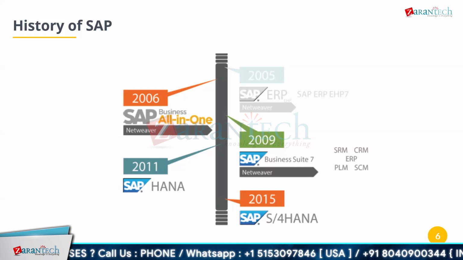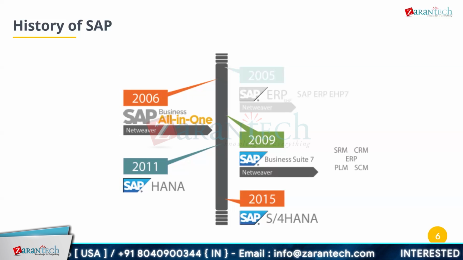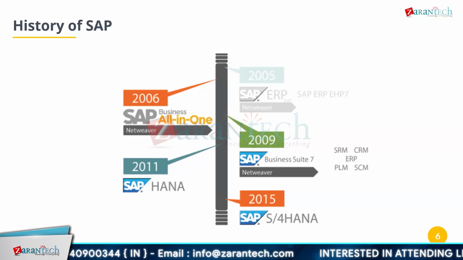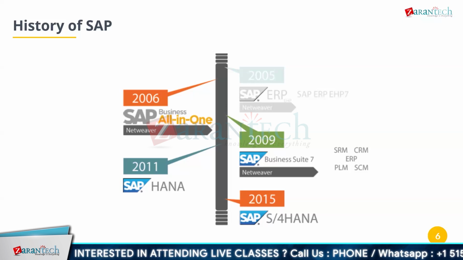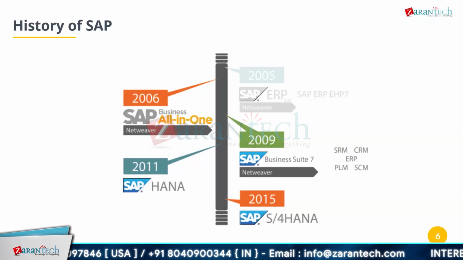Since then, SAP has been continuously pushing every customer who is not yet using S4 HANA to adopt its functionalities and better features. The most widely used SAP system is SAP ECC or R3, but customers have mostly moved from R3 to ECC, and they are now trying to move to S4 HANA.